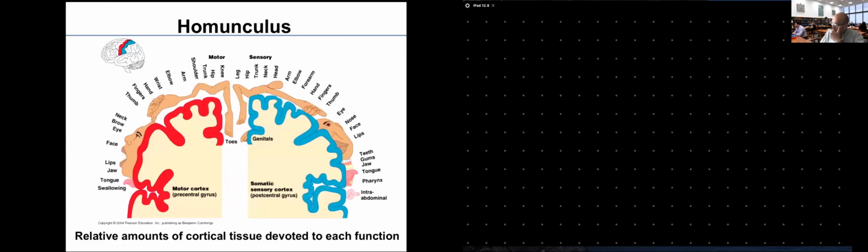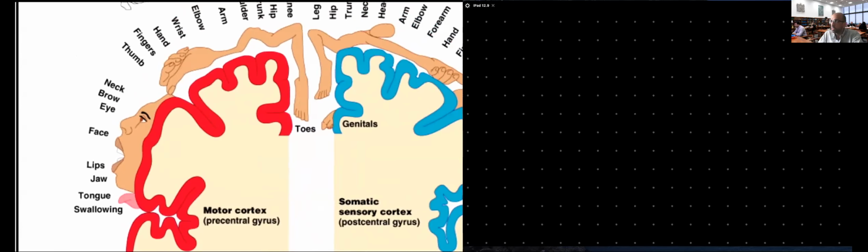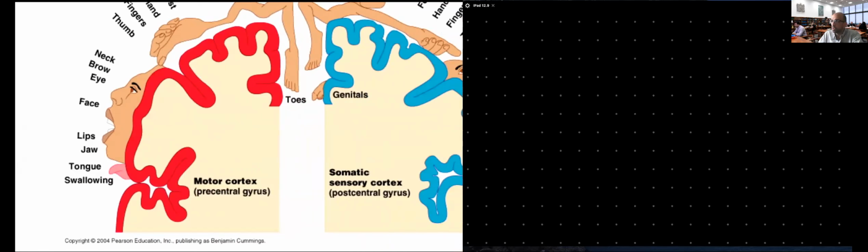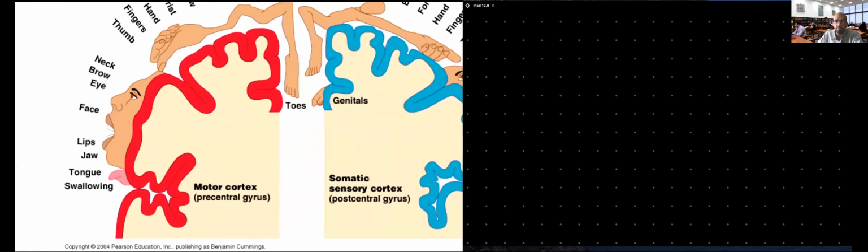You see on here, this is how your body is going to be represented on your pre-central gyrus.